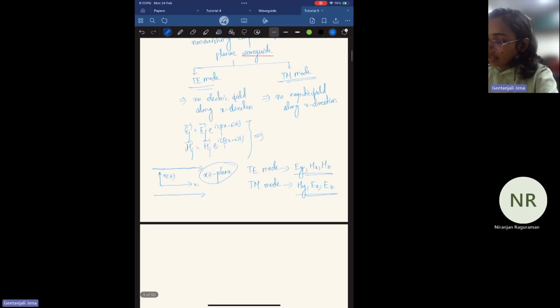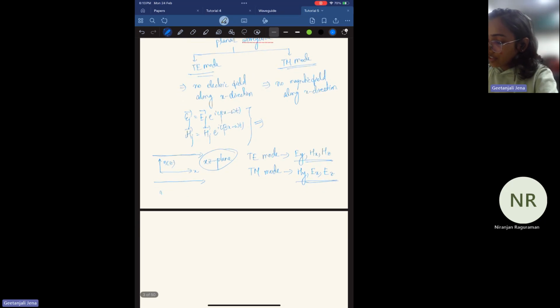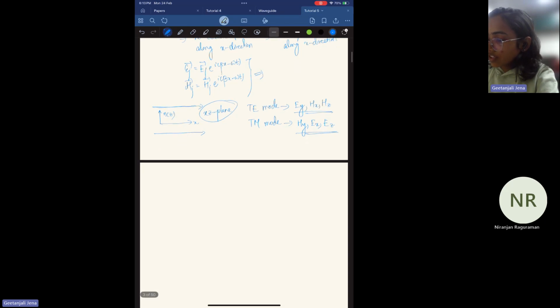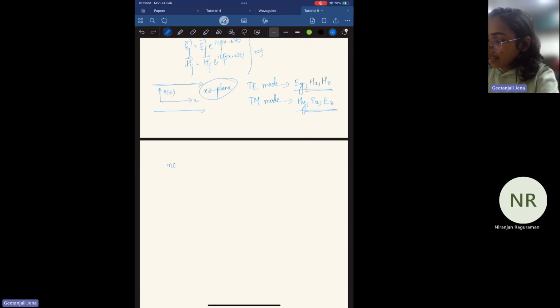In the class, in the lecture, the variation was along x, refractive index variation n(x), and there is propagation of the wave along the z direction. So the plane is the same, xz.